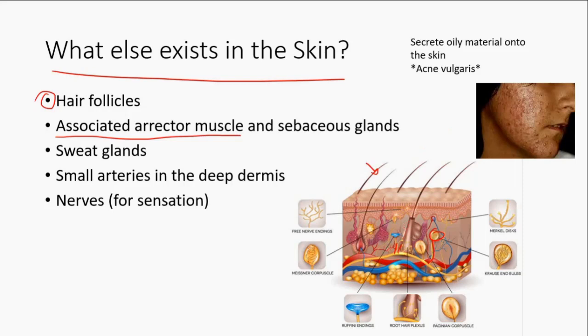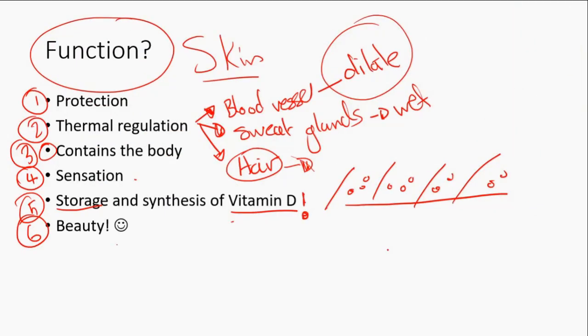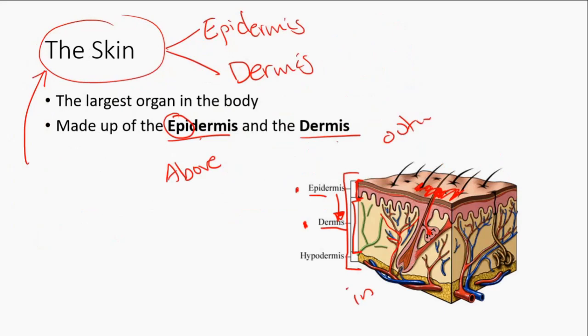It's not too obvious here. Let me go back to the other picture. So this is your hair, and this is your hair follicle, and it's associated with this muscle here. This is called your erector muscle.